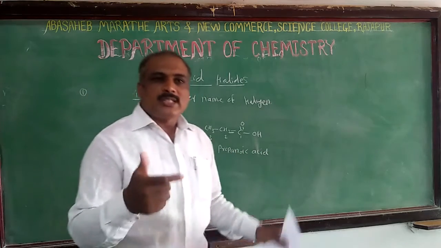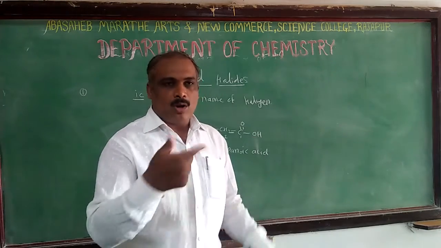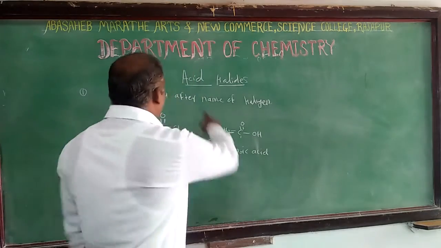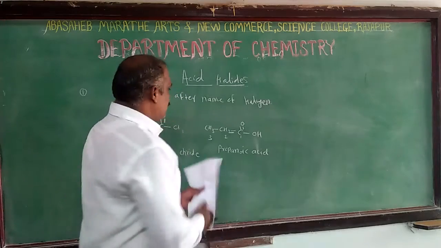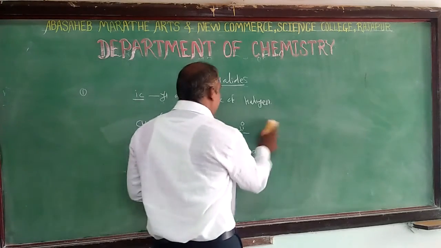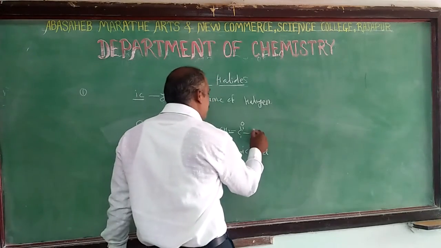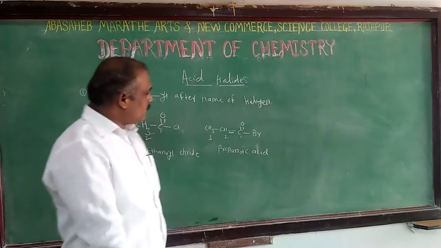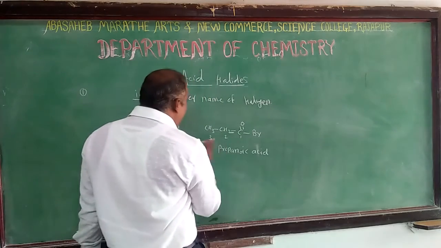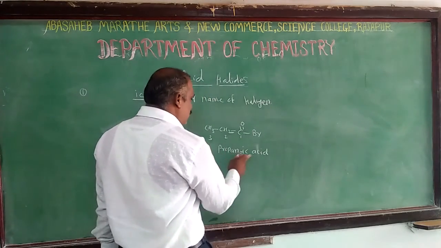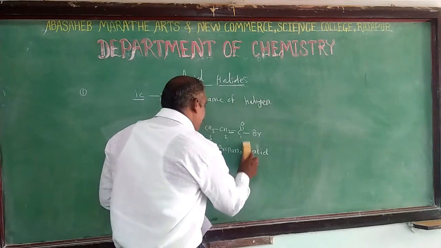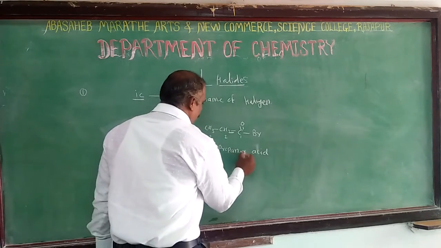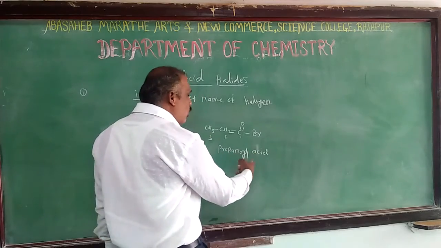But now we see the IUPAC name of this acid halide, the IUPAC name given for molecules like this with bromine. So how many carbons? 3 carbons. OIC, so IC is replaced by YL. Propanoyl.